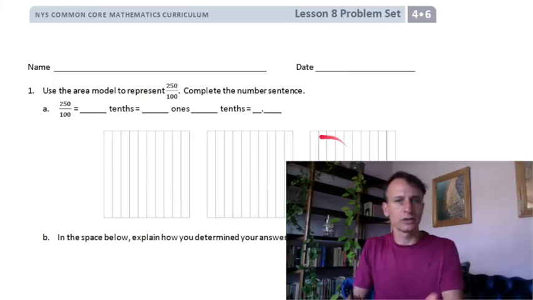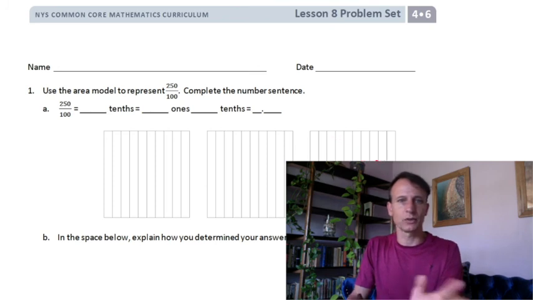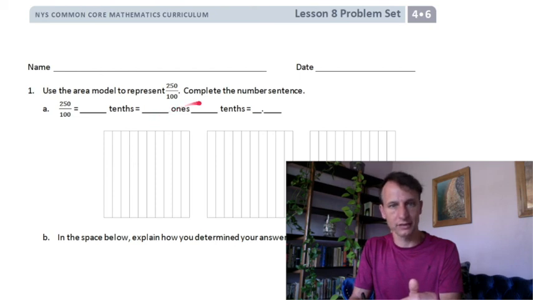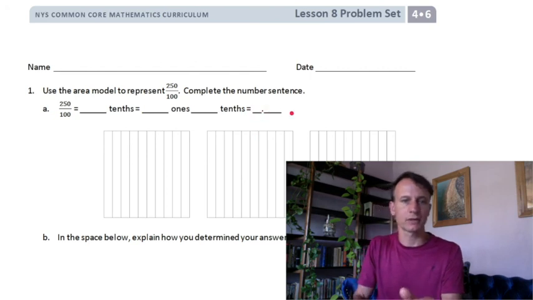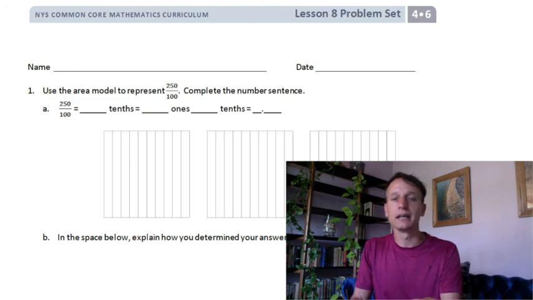All right, so if you look here, this is exactly what we're doing. You're working with 250 hundredths, and notice how many tenths is that? And then how many ones and tenths. Ones would be how many are filled in completely, and then write it as a decimal, okay? And then how did you get your answer to part A?